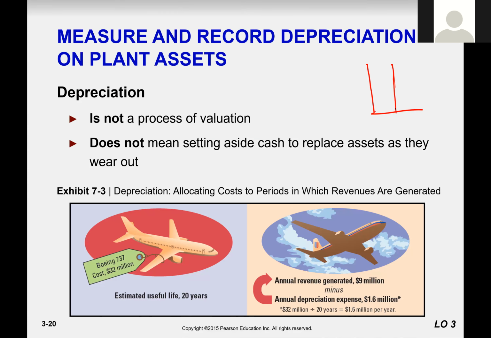In economics and finance, the value of land does not depreciate, it appreciates. You can also double check with your parents. If your parents bought some property, for example for $10,000, now it might be $15,000 or $20,000.